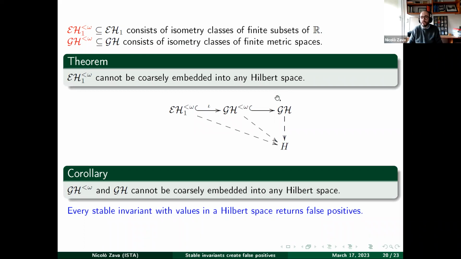Even the composition of them is going to be a coarse embedding. And therefore, this is just a representation of the deduction of this corollary from the theorem. If we had a coarse embedding from the Gromov-Hausdorff space into a Hilbert space, then by composition we would have a coarse embedding from this space into a Hilbert space, and therefore a contradiction. So this is just a representation to justify the corollary and to see how easily it can be derived.